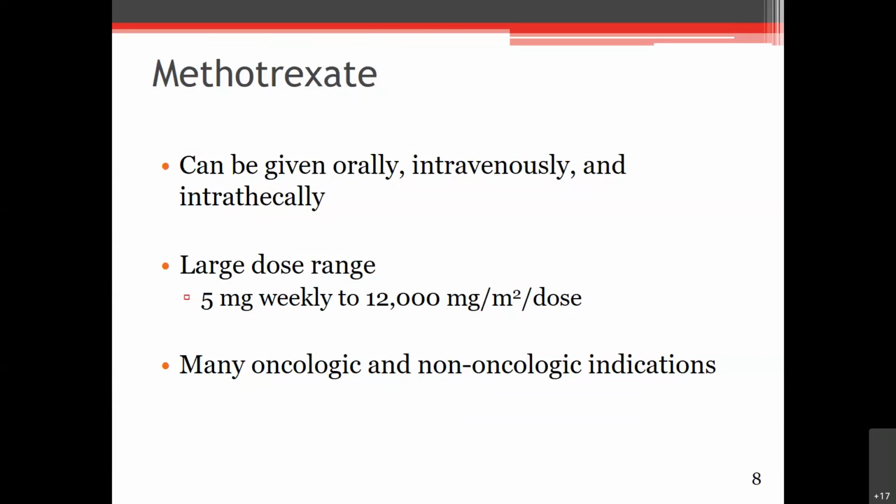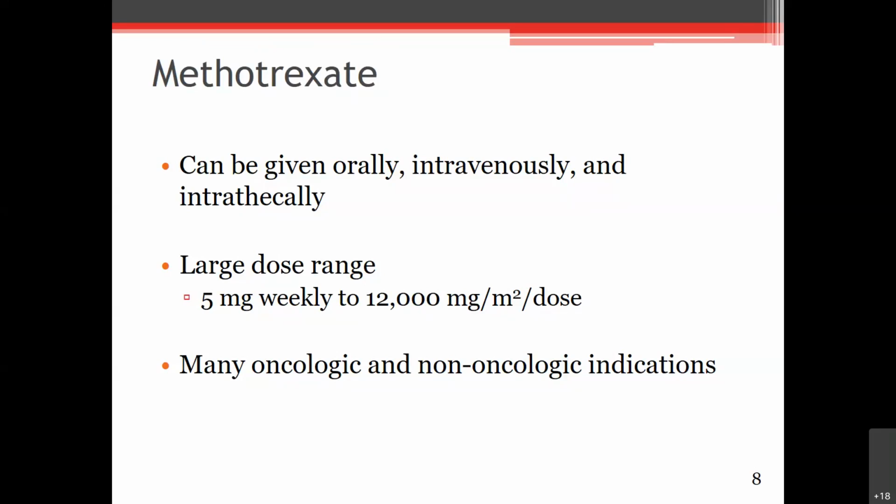So you could see something as low as 5 milligrams weekly for a non-onc indication such as rheumatoid arthritis. Moving up from there, when we use this in GVHD prophylaxis, you're going to see doses like 10 to 15 milligrams per meter squared. And then our high-dose methotrexate is going to come into play when we see doses like 3,500 to 5,000 milligrams per meter squared in many of our leukemia and lymphoma protocols. You may be familiar with MTR.